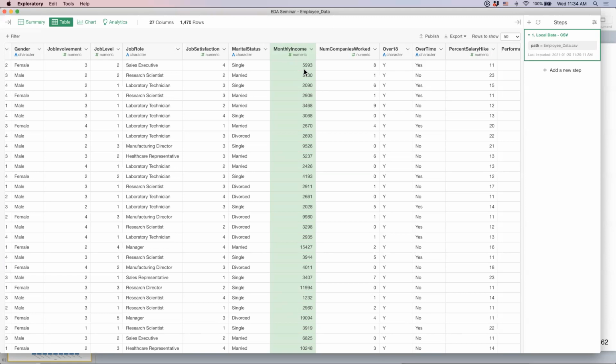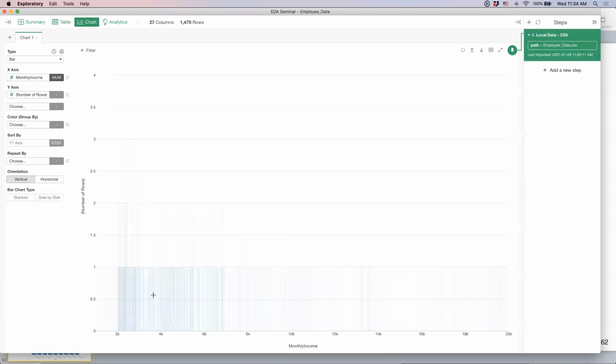Everybody has different numbers, and this chart gives a bar for each data point, but it happens to be only 1, 2 or 3 employees. Here's a problem, because we don't see any pattern.